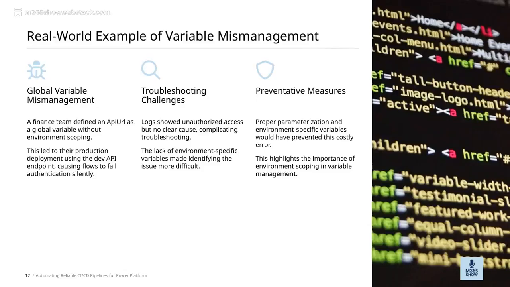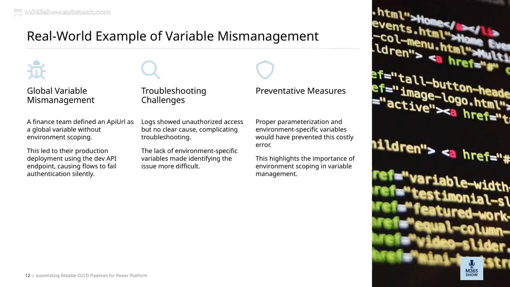Now, moving on to preventative measures, logs did show some unauthorized access, but pinpointing the cause was complicated. Without environment-specific variables, troubleshooting becomes even more difficult because you don't have clear boundaries or context. It's more challenging to identify where the problem originated. And here's a key example of global variable mismanagement. A finance team had defined an API URL as a global variable, but they didn't scope it to specific environments.